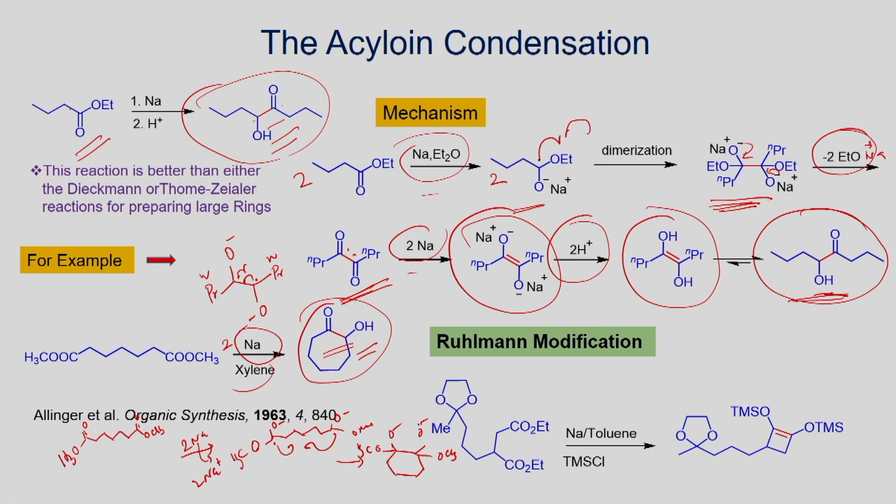you form this one. Once you form this, as we have seen earlier, you will lose methoxide, which can lead to the formation of this diketone.